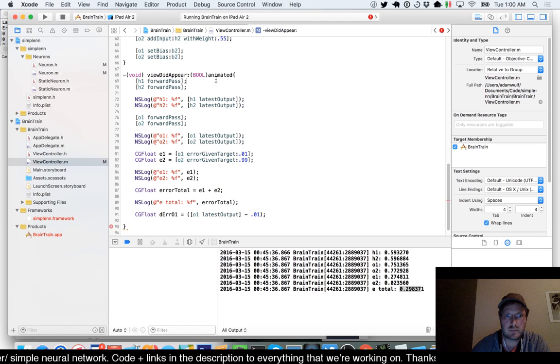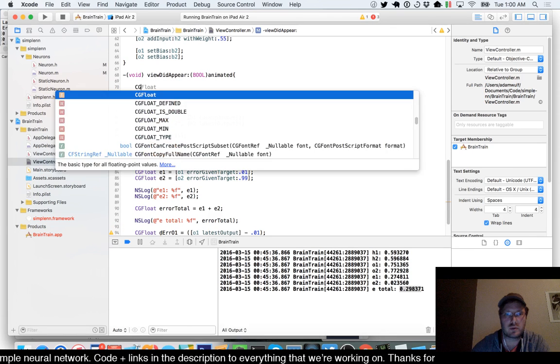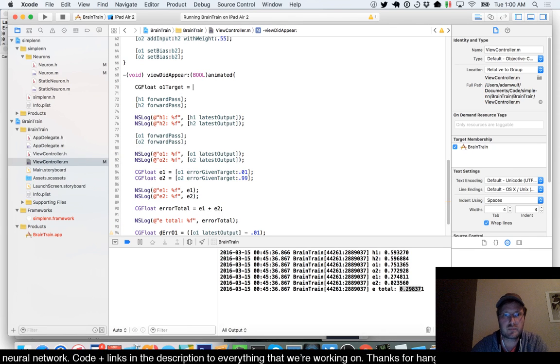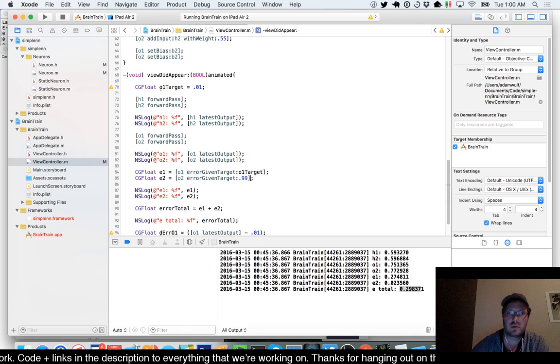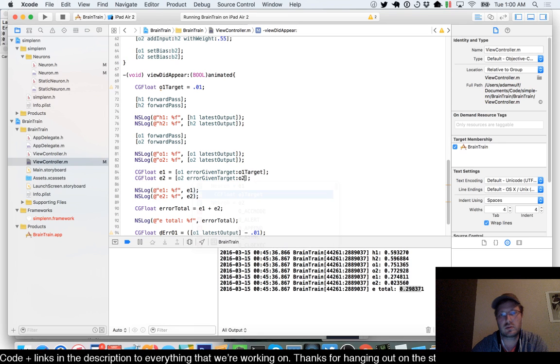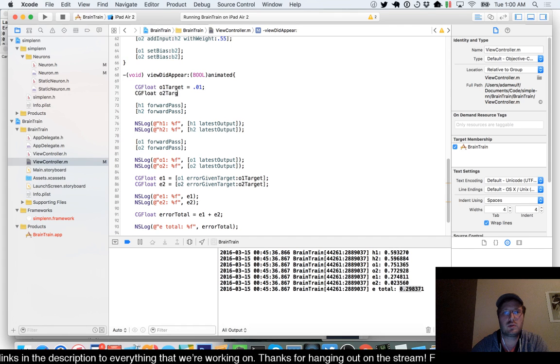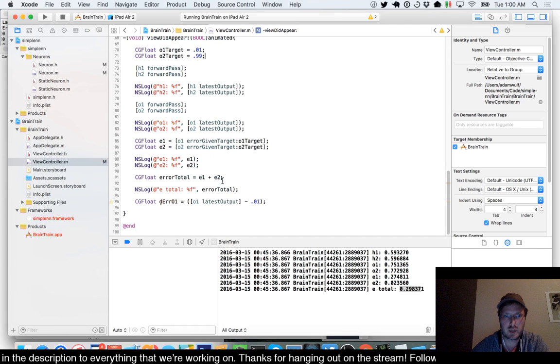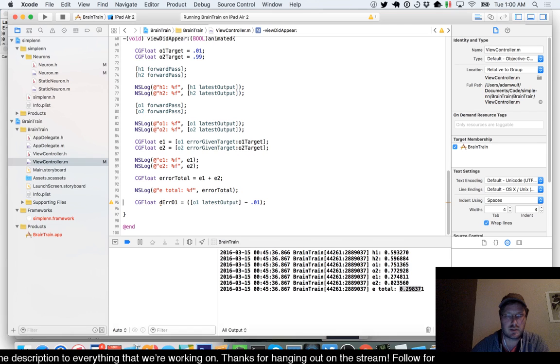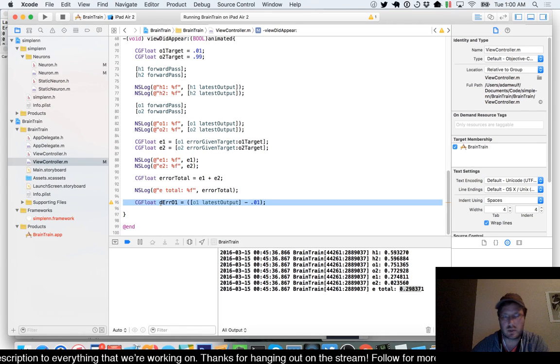So we'll do cfloat O1 target, clean that up. Awesome, this will be O2 target, right? Pretty good. That means we're only going to calculate it for error 1 right now.